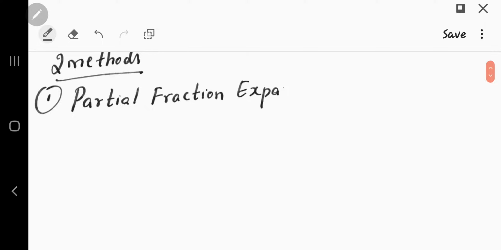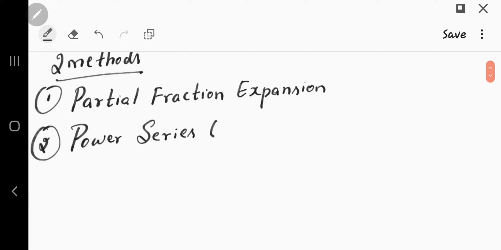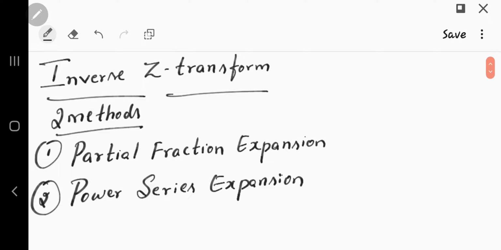The first one is partial fraction expansion method, and the second one is power series expansion method. So these are the two methods which can be used to find the inverse Z transform.